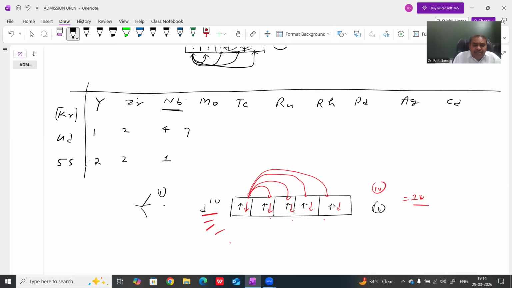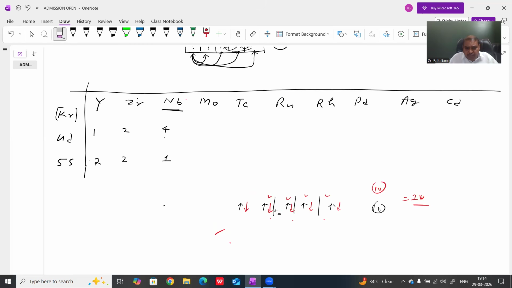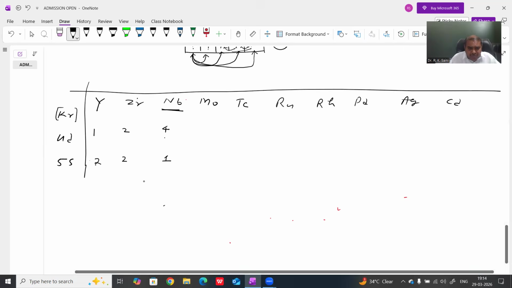How can we explain this exception? There is no half-filled configuration, but high exchange energy in comparison to 3d electrons. The exception is also explained on the basis of the small energy difference between 5s and 4d, the first reason, and then we explain this exceptional electronic configuration with the help of exchange energy.